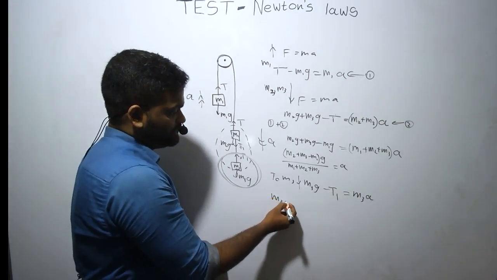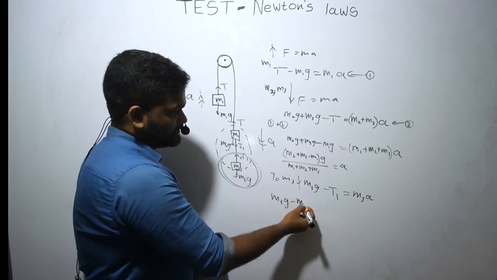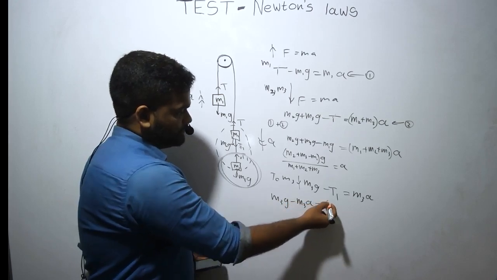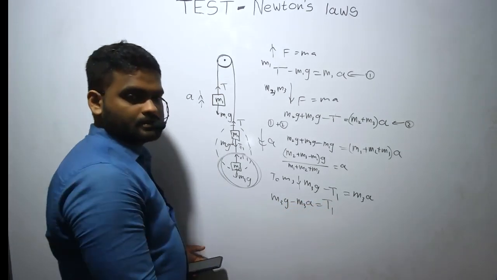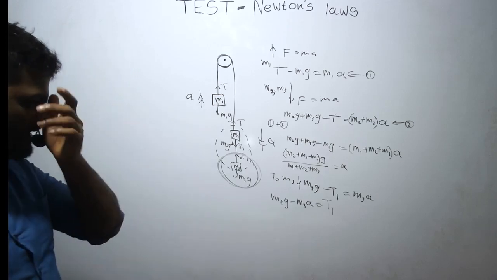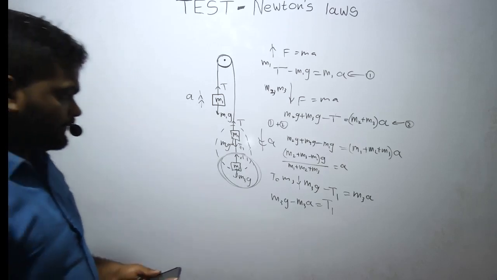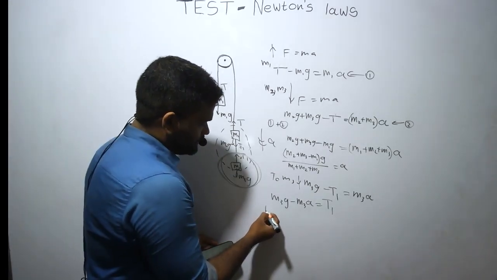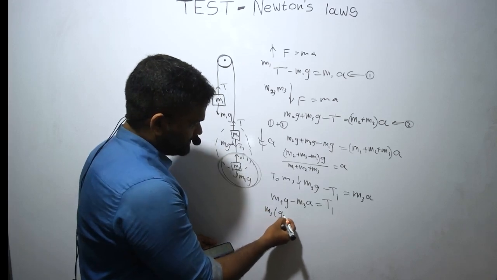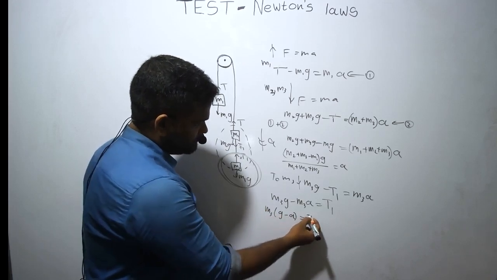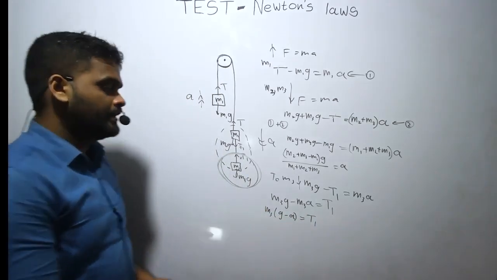So M3G minus M3A equals T1. So you can take M3 out. So inside it is G minus A equals T1.